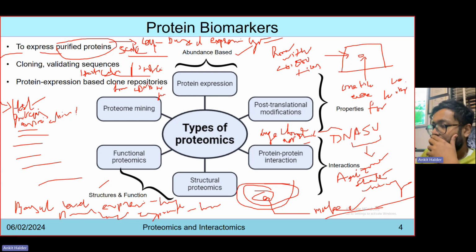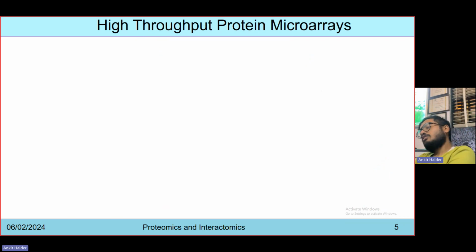After getting the abundance based protein expressions, we focus mostly on identifying protein biomarkers, so I'll give a quick overview of the high throughput protein microarrays.